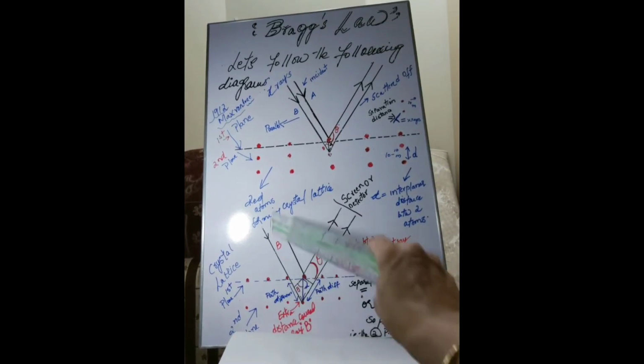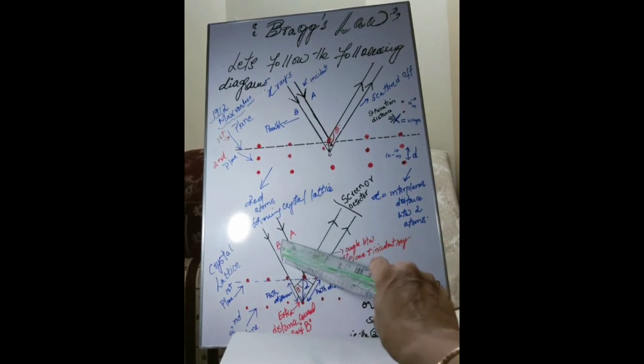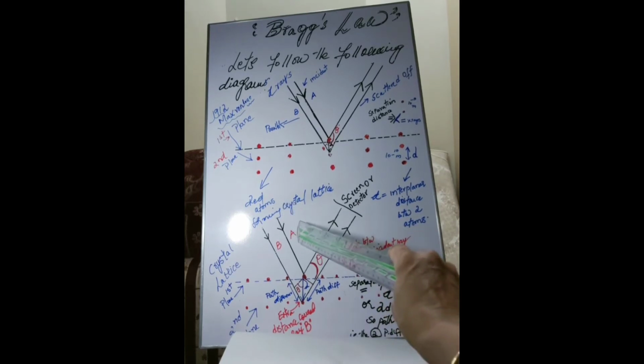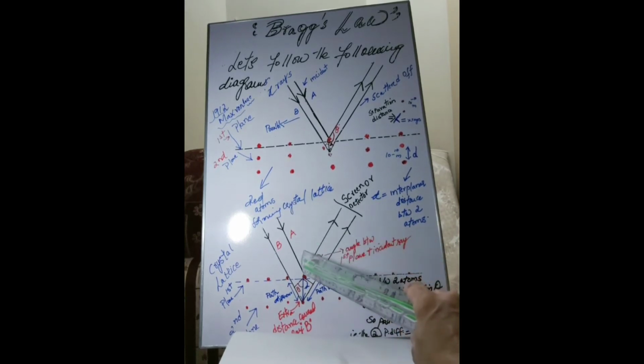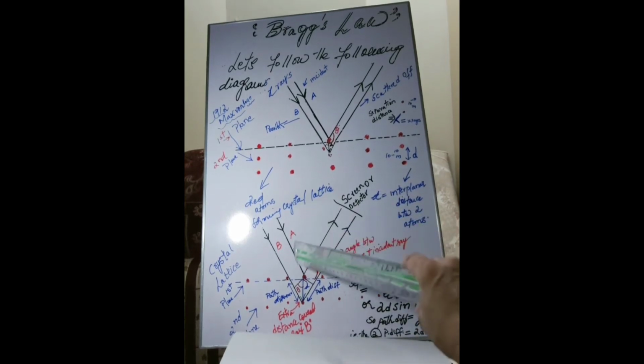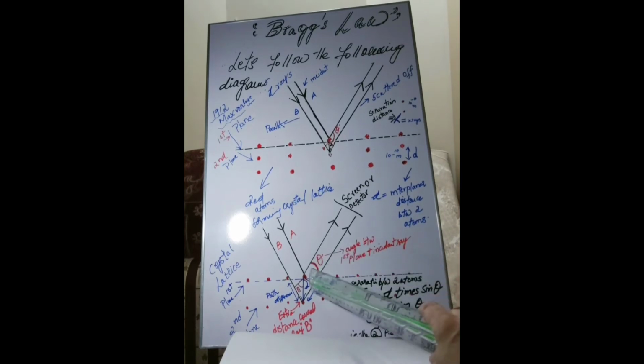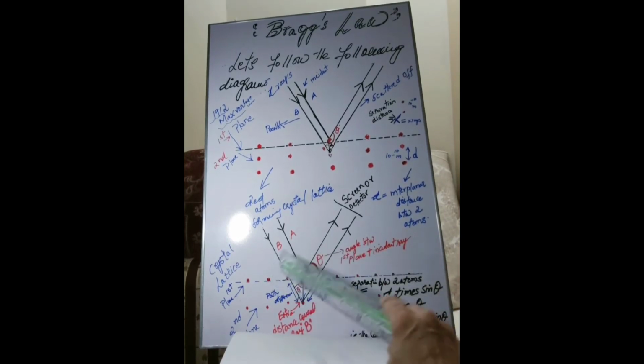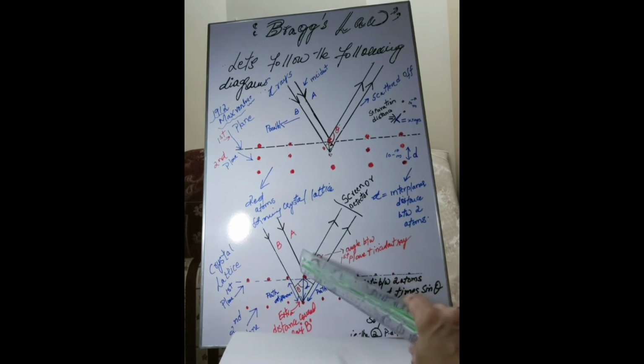Now there are two rays, ray A and ray B. When they hit the crystal, the first ray, ray A, strikes the first plane's first atom. This atom just scatters it off, forming an angle theta between the first plane and the incident ray.